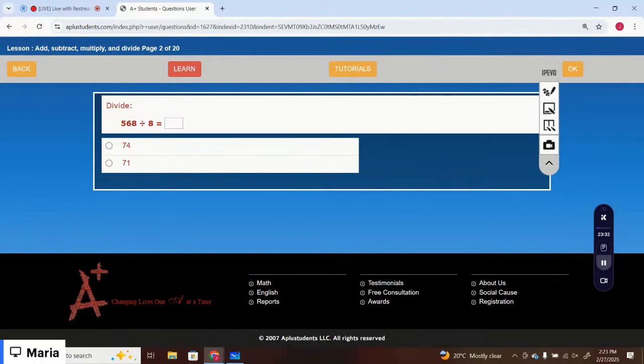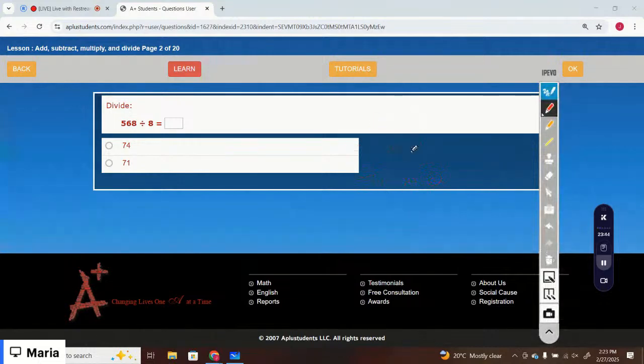568 divided by 8. So let's just divide. That is a long division.